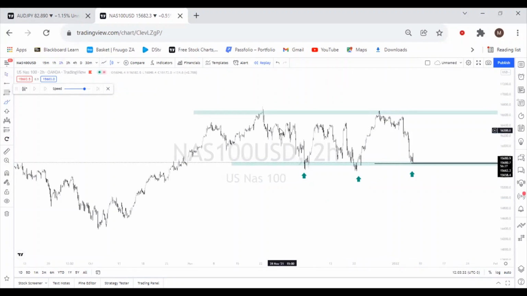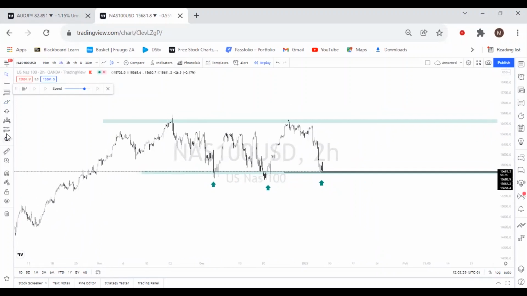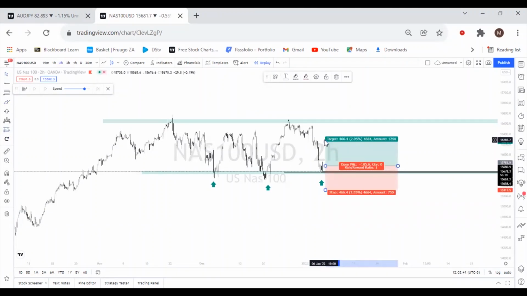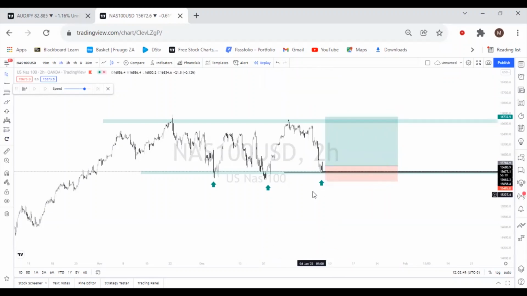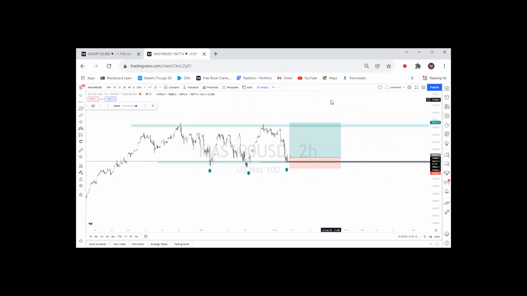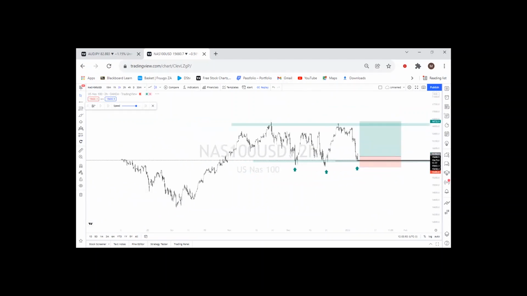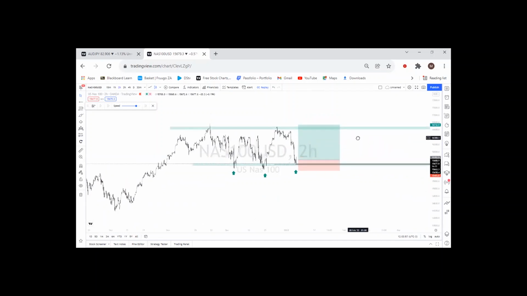Just hold on. Okay, so this is what we have. So yeah, that is the setup with Nasdaq.